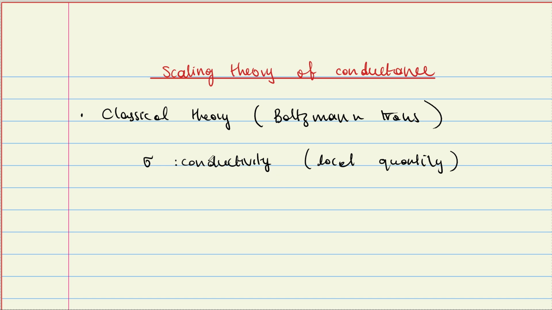Local means for every point there is an electric field and a corresponding current at that point, and it is going to determine the conductivity. And the conductance, which we call G, is more system shape and size dependent, something like sigma times A over L. This is the one we know from freshman physics. In general dimensionality, this is going to go like sigma, so A is L to the D minus 1. There's another L here, so this is going to be L to the D minus 2.